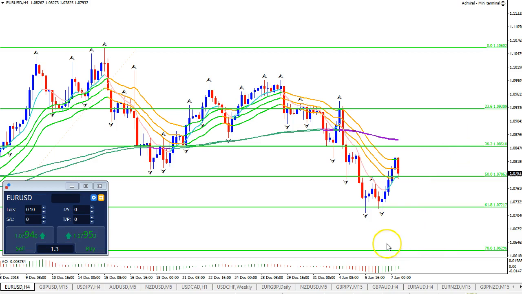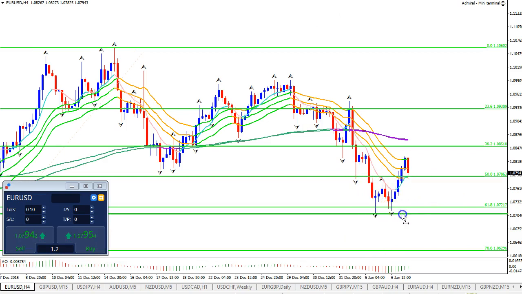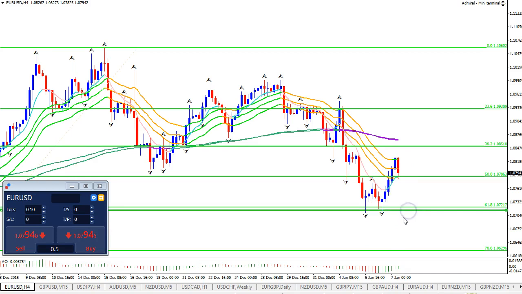The question is, how will price respond when it gets down to the support levels in here? So a break below this bottom on the 4-hour chart means a continuation to the downside to the 78.6 fib on an hourly chart, and then a potential bounce off the 78.6 fib, and potential swing trade, I would say, to the upside, as already indicated.